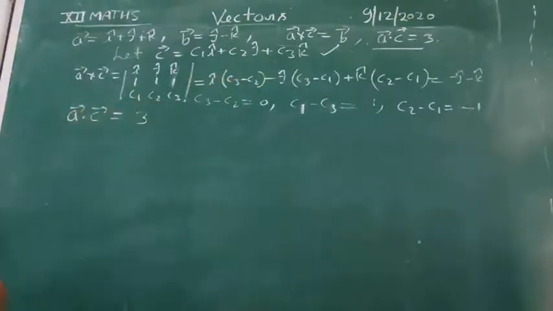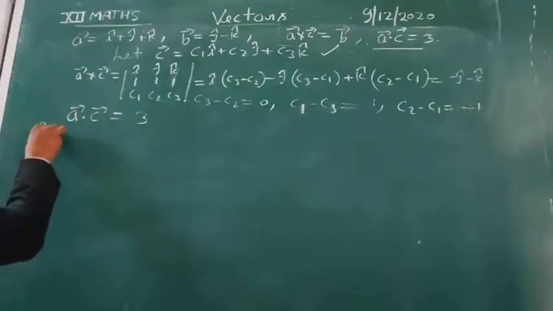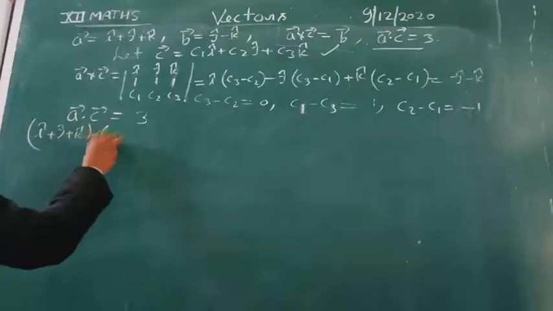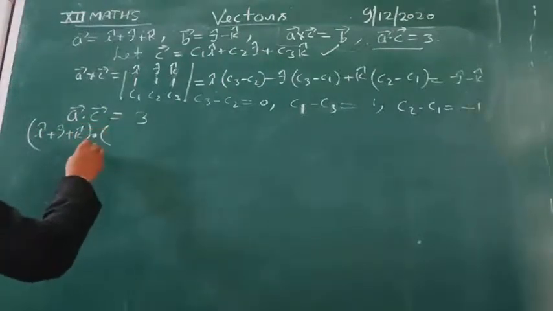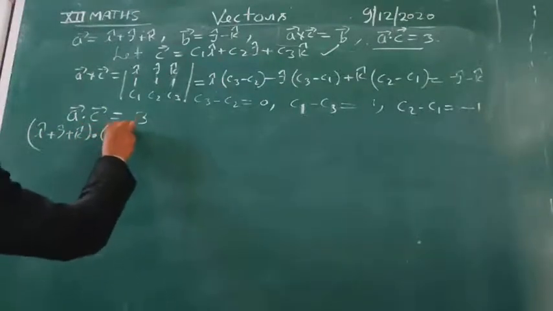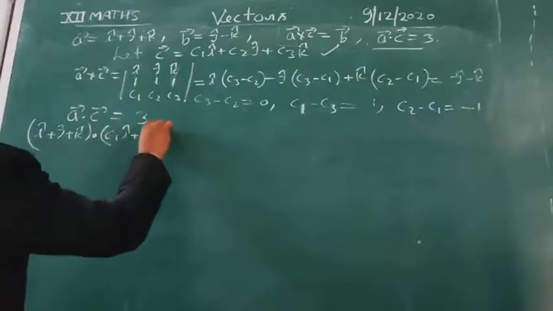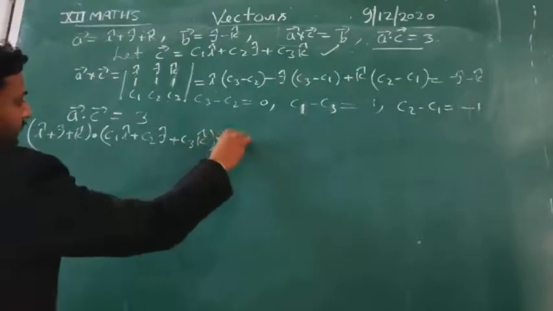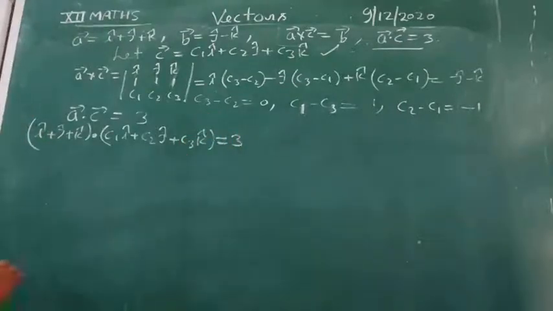So put the value of A, I plus J plus K, and C is C1 I plus C2 J plus C3 K, which is equal to 3.